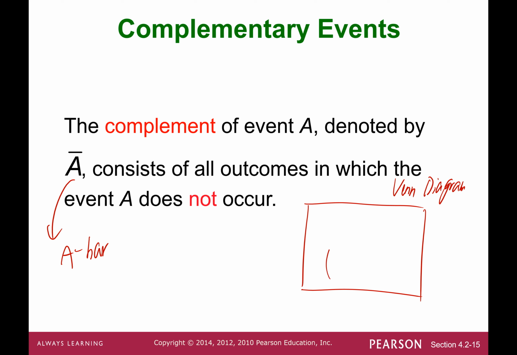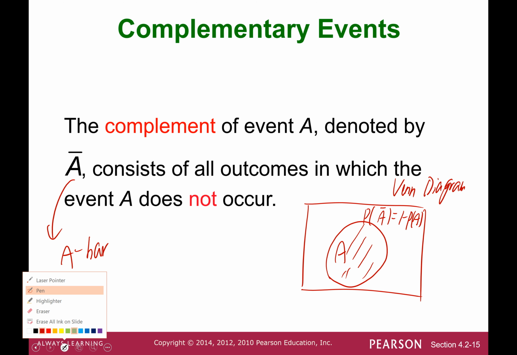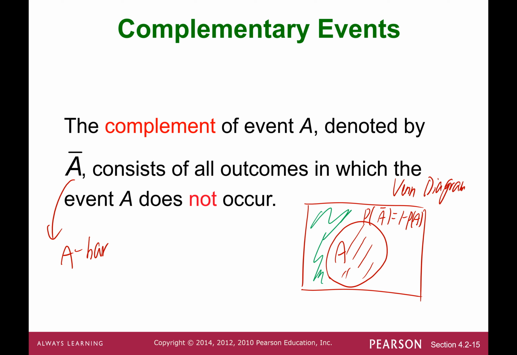If this is event A, this is the circle in the center, and this is the enclosed sample space, and event A bar will be here. The probability of A bar is 1 minus P(A). So we use another color, it will be everything else. So this is A bar.